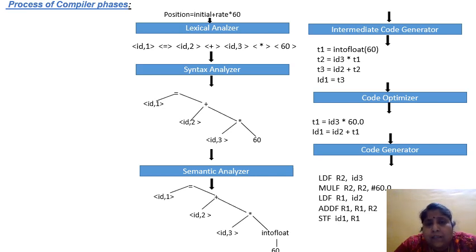We don't have to write the compiler from scratch. We can take the lexical analyzer, syntax analyzer, semantic analyzer and intermediate code generator portion from another compiler and just write the last two portions, that is the code optimizer and code generator. These last two phases, code optimizer and code generator, are combined called the backend of the compiler.